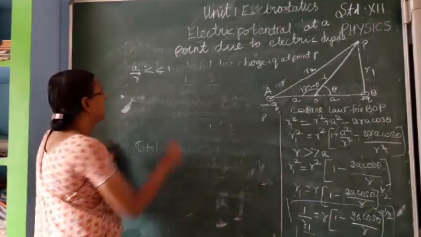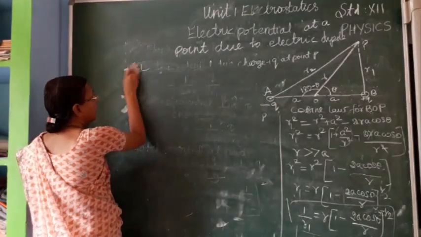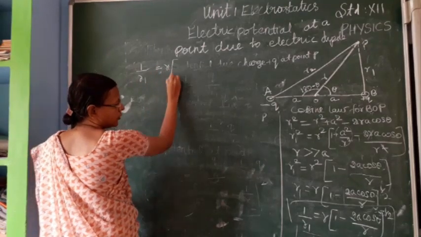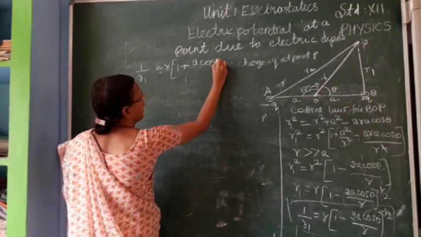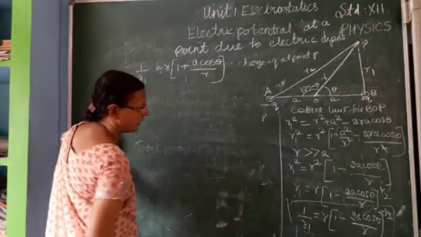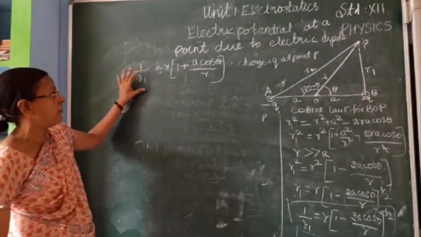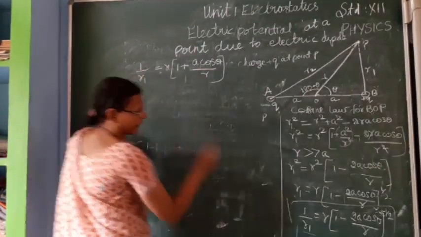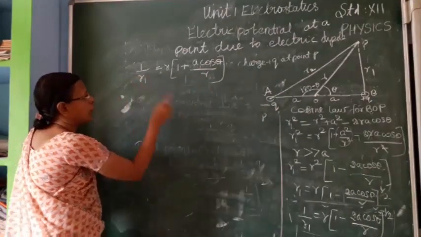While applying the binomial theorem, this term changes as 1 by R1 equals 1 by R into 1 plus A cos theta by R. This is the binomial. After applying the binomial theorem, we get this. This is the final. Now 1 by R1 is found out.